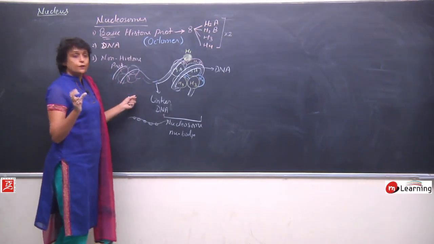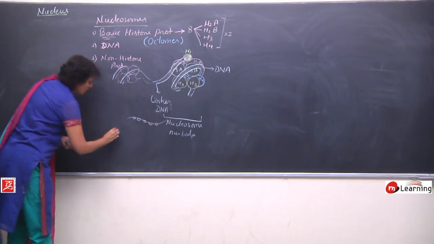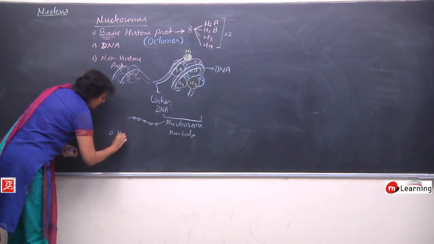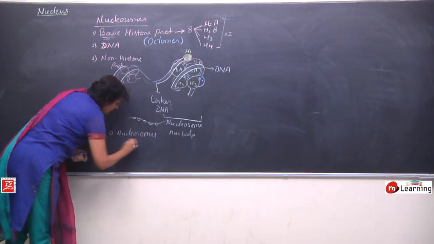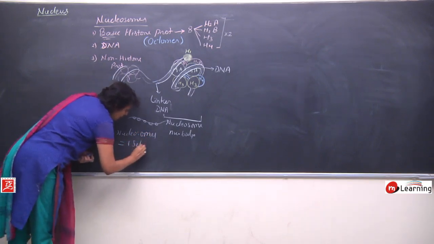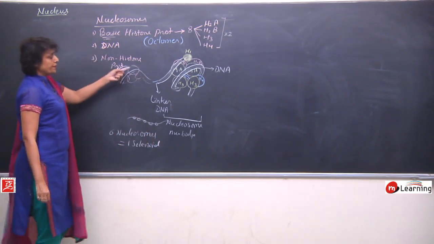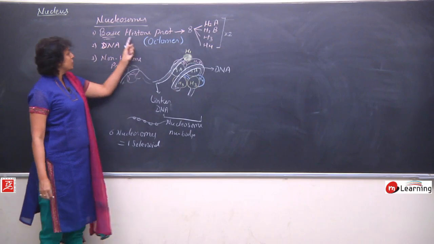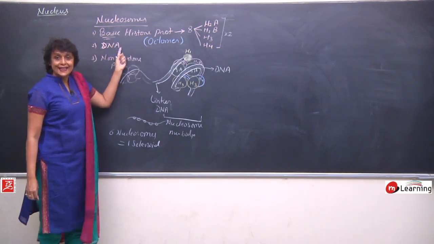A collection of 6 such nucleosomes is known as a solenoid. 6 make one solenoid. So histone octamers, which are basic histone proteins, and DNA.